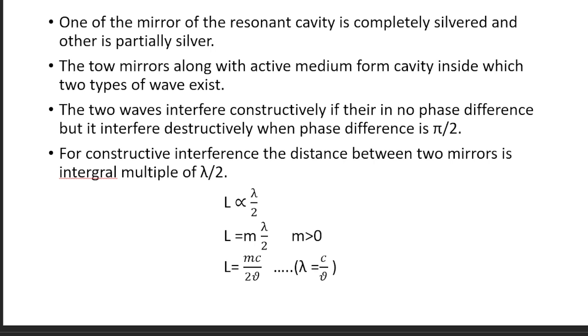We need constructive interference for the formation of laser, so that the length can be determined. The distance between the two mirrors is directly proportional to lambda by 2. So L is equal to m times lambda by 2, where m is an integer greater than 0. In this equation we replace lambda by c by nu, so the equation can be written as L is equal to mc upon 2 nu. So this is all about the resonant cavity.